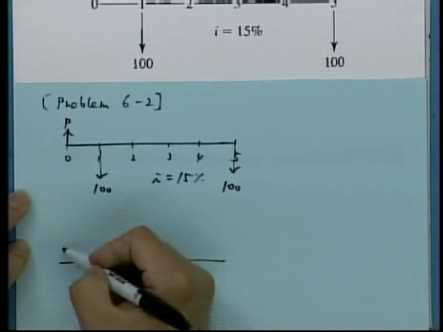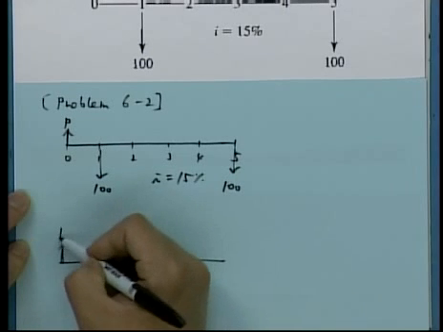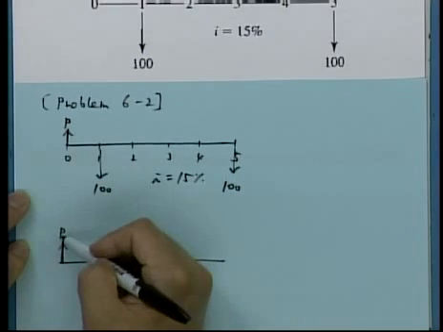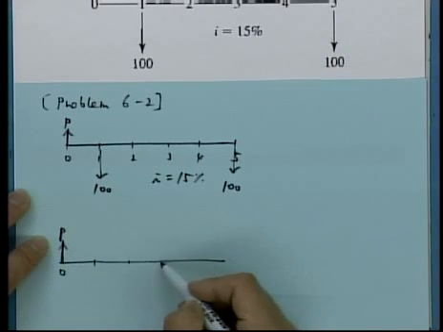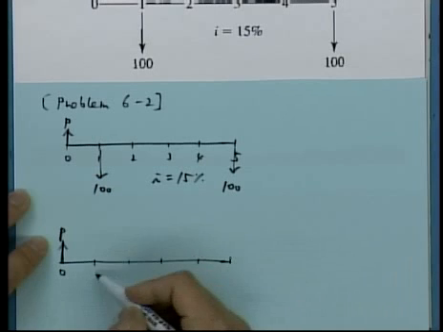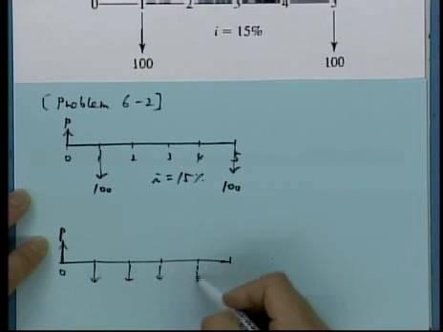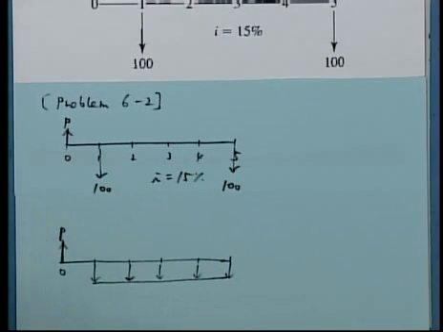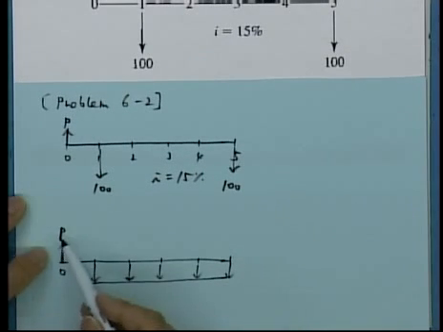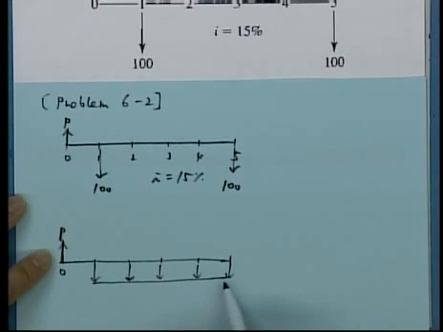Once we get this present sum of money P, then this present sum of money P can be converted to the equivalent uniform annual benefits. So that's what I'm going to do.